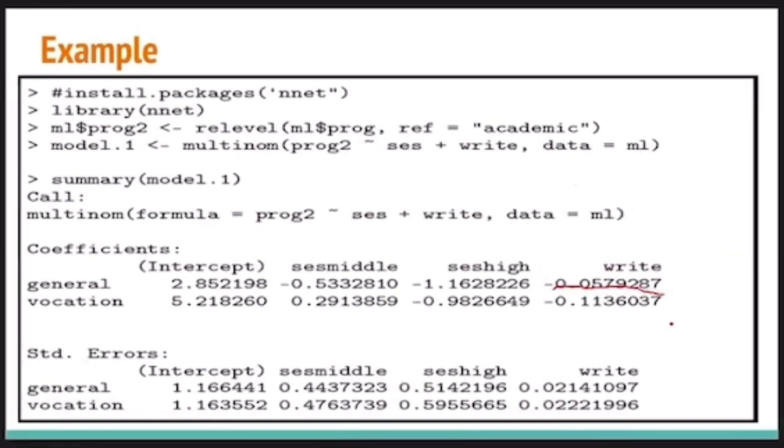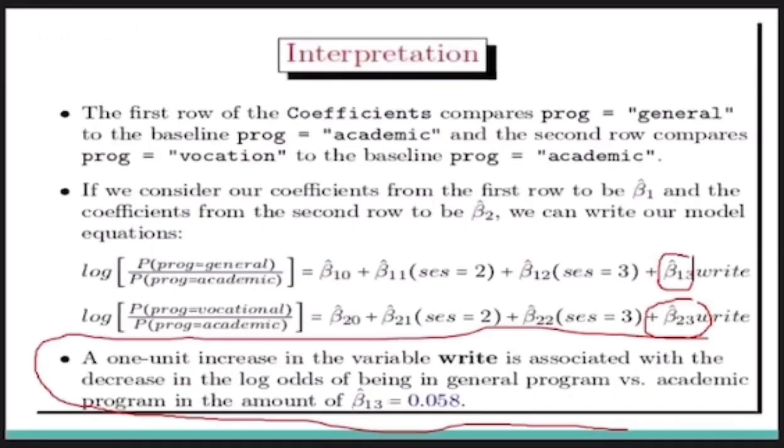That's still a decrease, right? And I'm going to say the log odds of being in vocation relative to academic. Does that make sense? Just like what I said here, the log odds of being in the general program versus academic, that one is going to be the log odds of being in the vocation versus academic. Does that make sense? Okay.